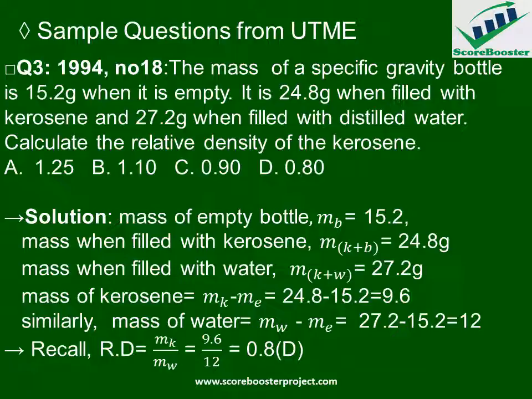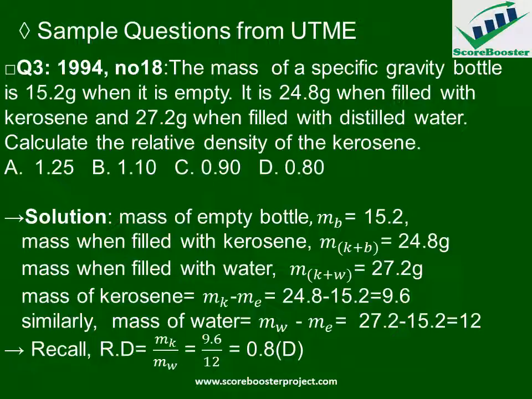It is 24.8 when filled with kerosene, and 27.2 gram when filled with distilled water. Calculate the relative density of the kerosene. So we are given option A to be 1.25, option B to be 1.10, option C to be 0.90, and option D to be 0.80.